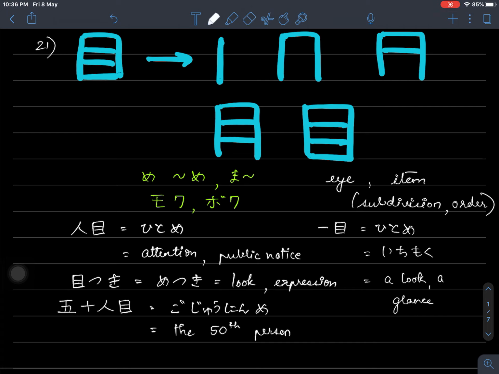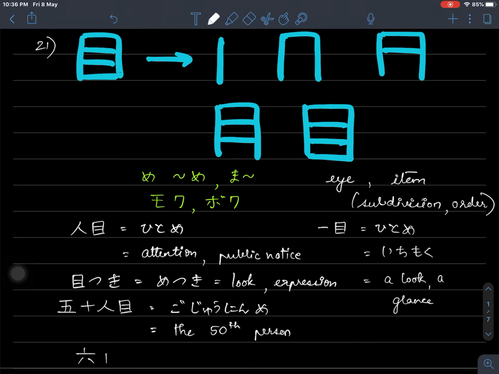So when you talk about 50th, for example, we write 50th. Here it will be just like this, except you will remove the kanji for person. So it will be goju me. Goju me. So that's how that functions. And here, just like you can see, 50th person. So let's take another example.